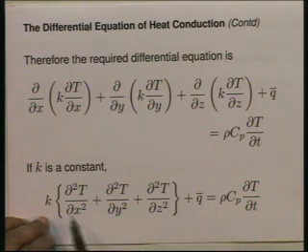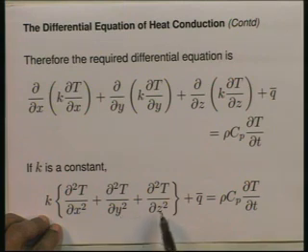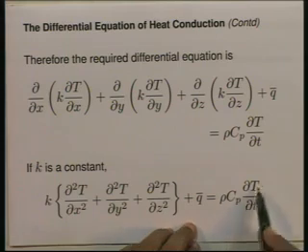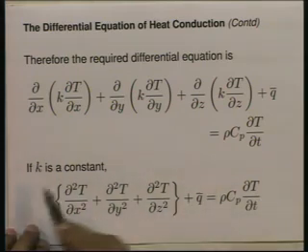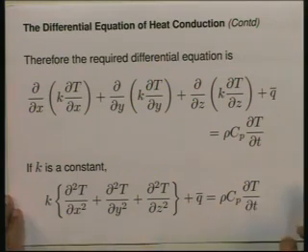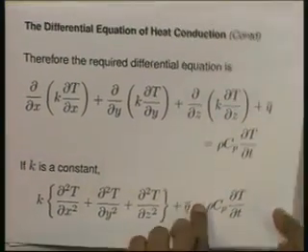We will get K into d2T dx squared plus d2T dy squared plus d2T dz squared, plus q bar is equal to rho Cp dT dt. So, this will be the simpler form of the differential equation that we will get if K is assumed to be a constant.